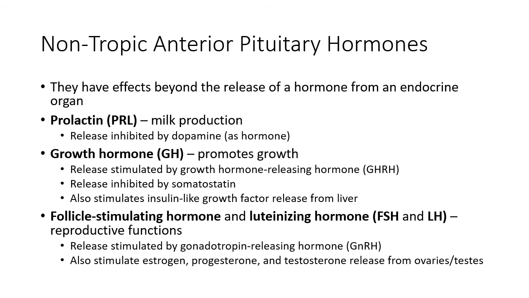Follicle stimulating hormone and luteinizing hormone work together to coordinate the function of the reproductive system. They have different effects in men versus in women. So we'll kind of go into those effects in slightly more detail later on.